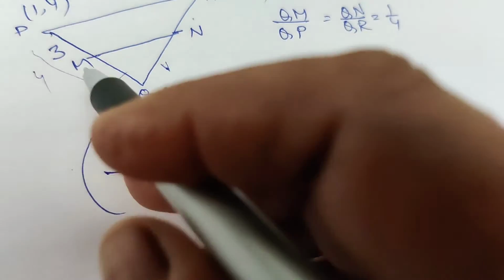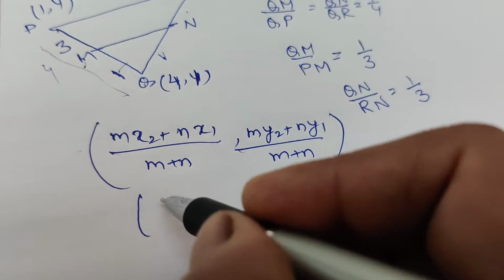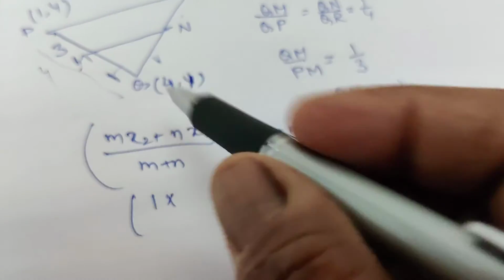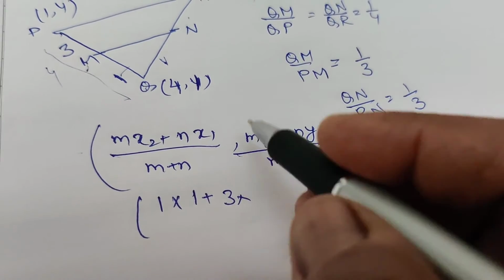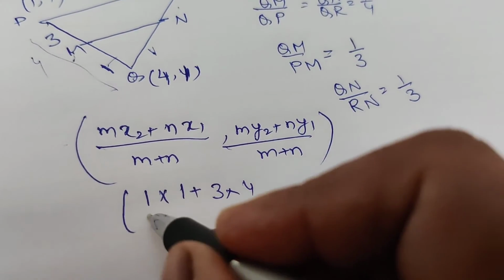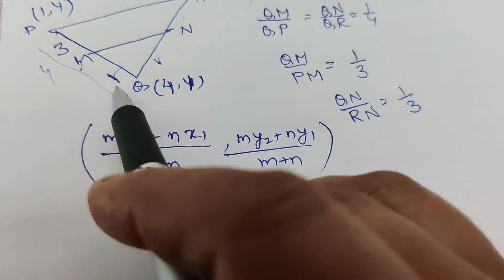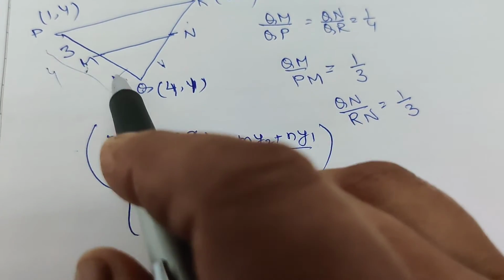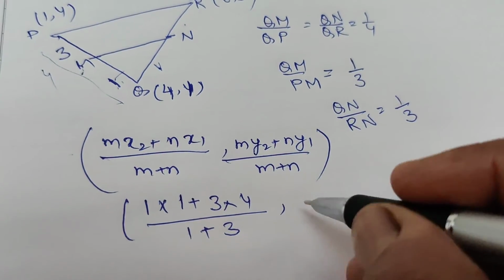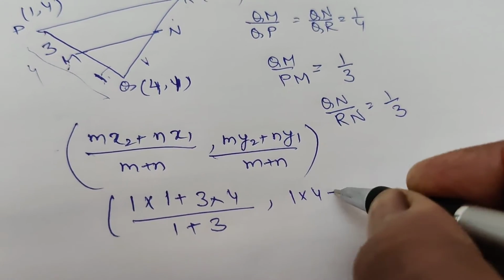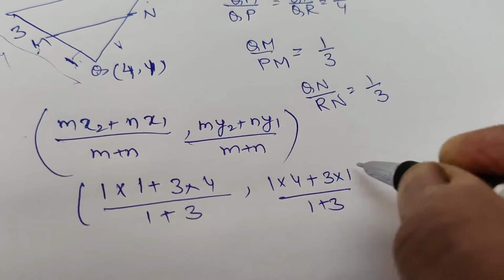These are the coordinates of point M. Now put the values. x equal to 1 into 4 plus 3 into 1 by 1 plus 3. Similarly y equal to 1 into 1 plus 3 into 4 by 1 plus 3.